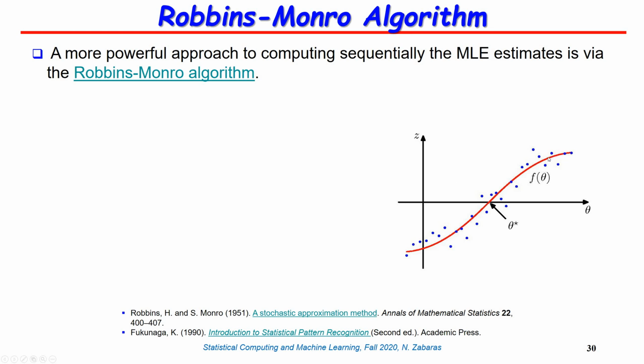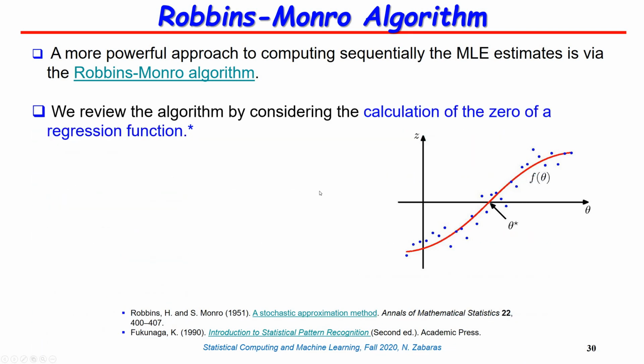So again, we have this regression function. We want to compute the point where it becomes zero, but we don't know this red function. We only know a noisy approximation of this that is given by these blue dots that you see in this picture.